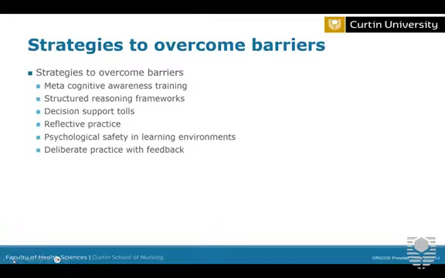Also using structured reasoning frameworks, so very much using that clinical reasoning cycle as a structured framework to understand how that process of clinical reasoning is applied. You might also want to think about becoming proficient in your health assessment processes so that you have a systematic way in which you are gathering data.